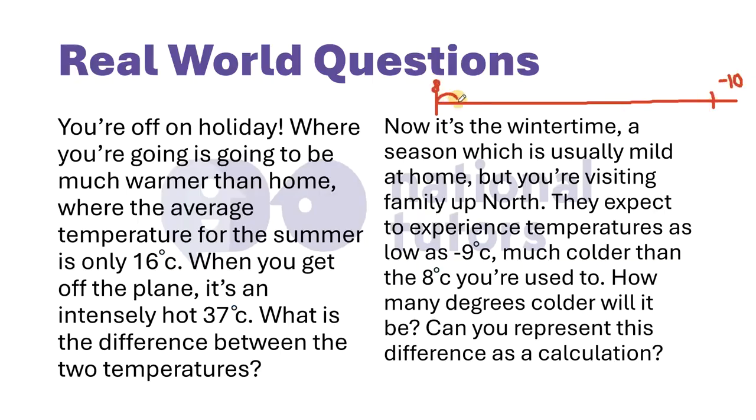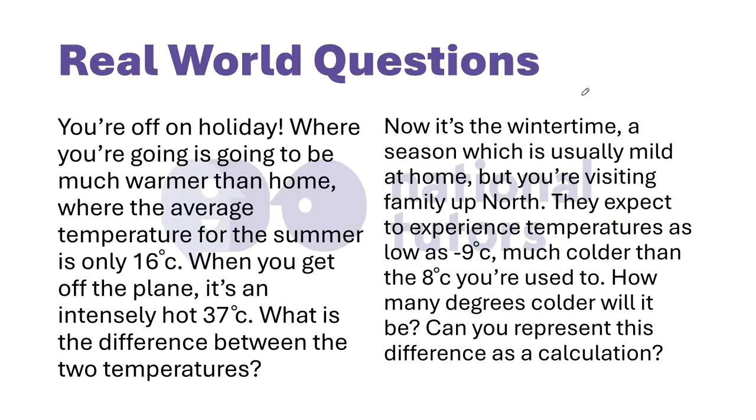So 8, 7, 6, 5, 4, 3, 2, 1, 0. So to get to 0, we've already taken away 8. And then to get to -9 from 0, I need to take away another 9.